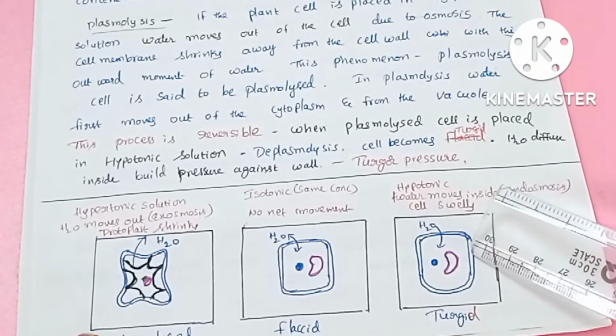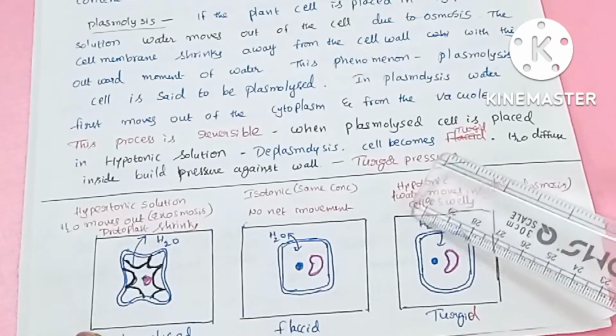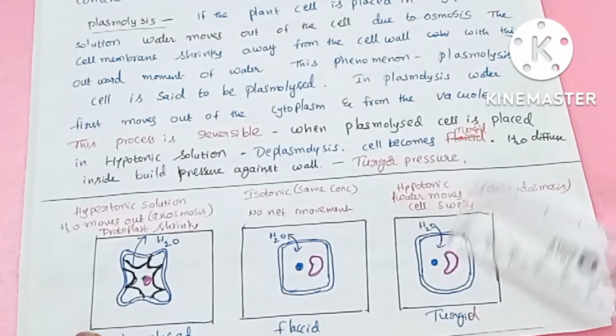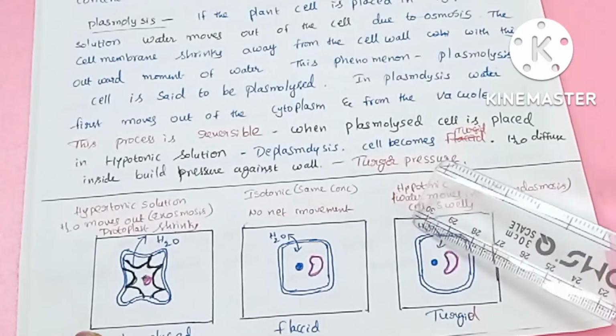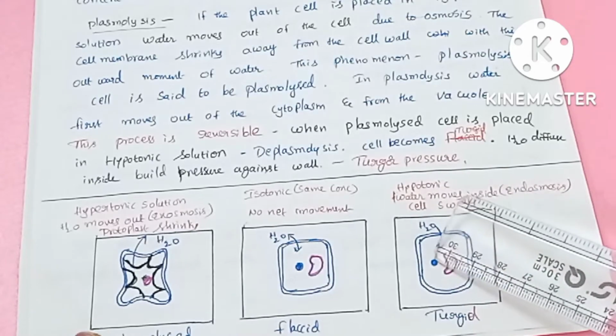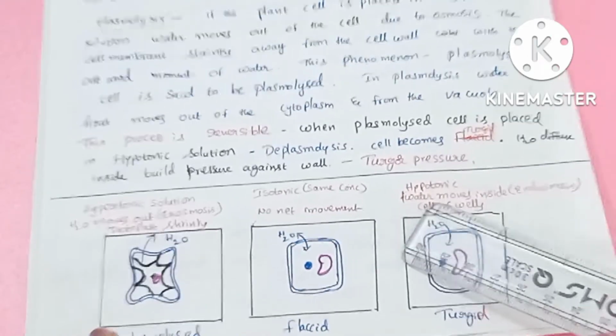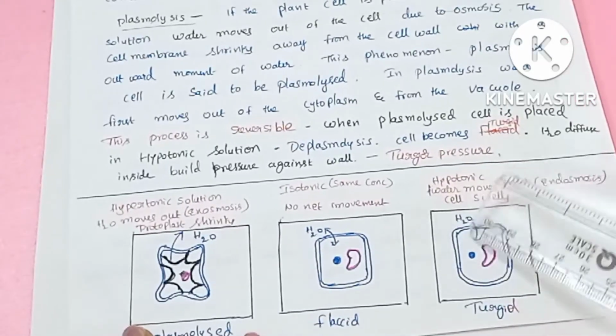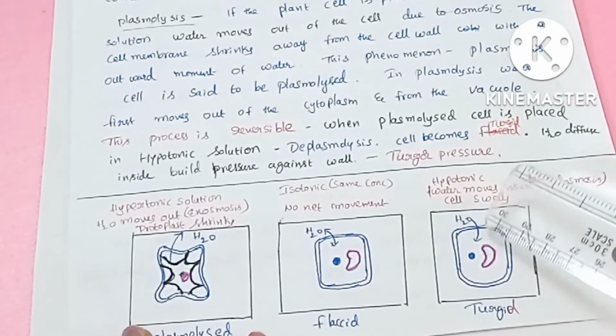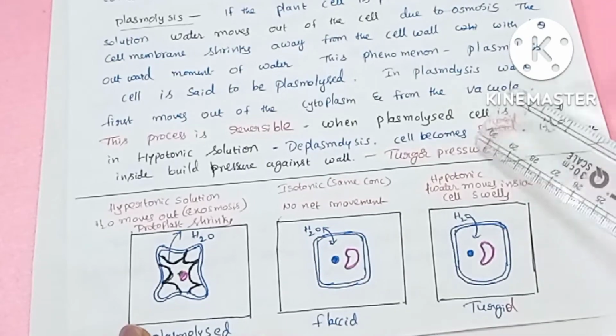Turgid means it swells up, because of the entry of excess water from the hypotonic solution into the cell. Because of this turgidity, pressure builds up inside the cell against the wall. That pressure is called turgor pressure.